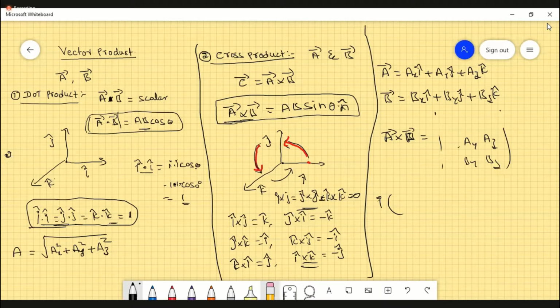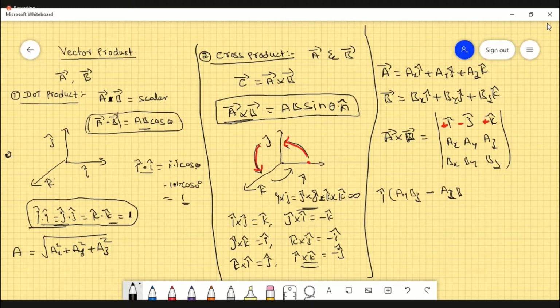So this formula is what? ad minus bc. According to that, finally you will get i into (ay bz minus az by).